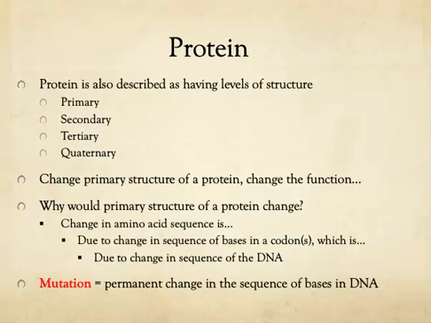Any mutation in DNA will cause a change in the order of the bases in the RNA that is produced from the DNA. And when you change the order of the bases in the RNA, you have changed the codons in the RNA, and therefore you have introduced the possibility of changing the sequence of the amino acids that are produced from that RNA.